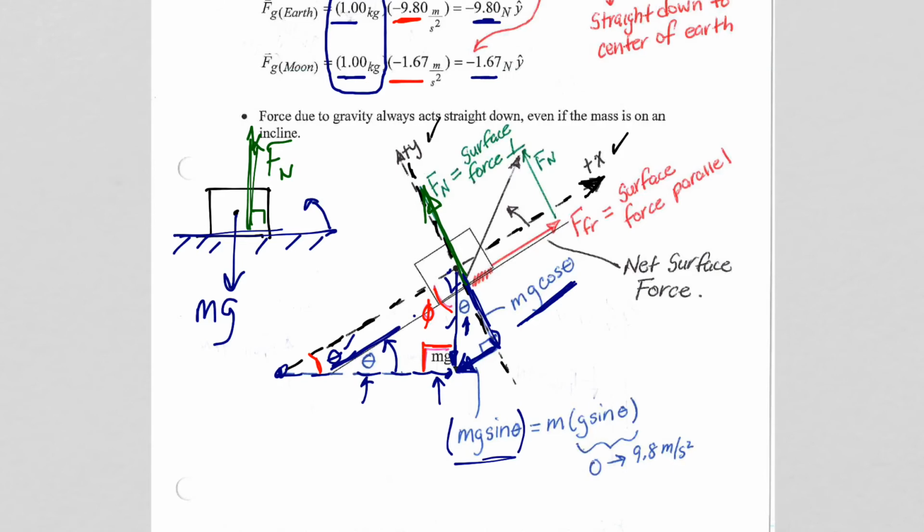All right, well, the other discussion here is, what happens when the box now moves in the direction of mg sine theta? Well, it'll slide down the incline.